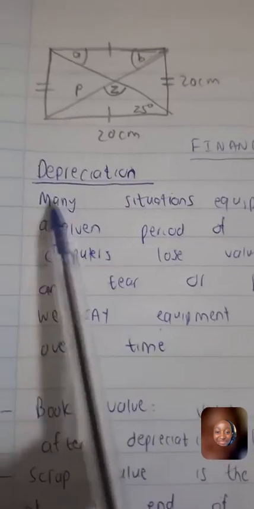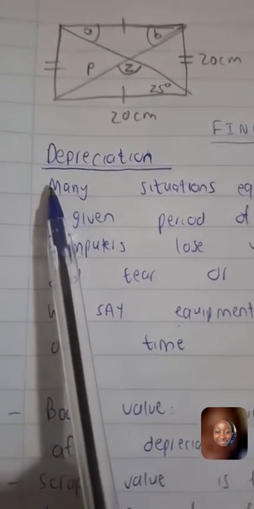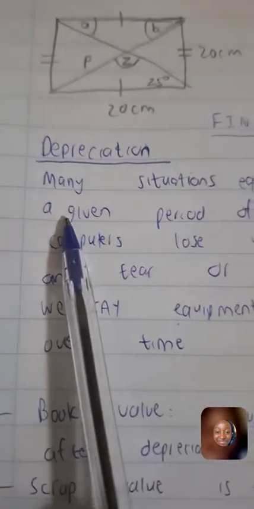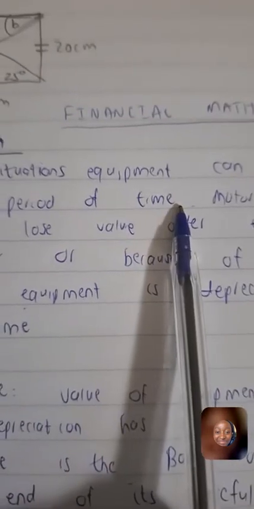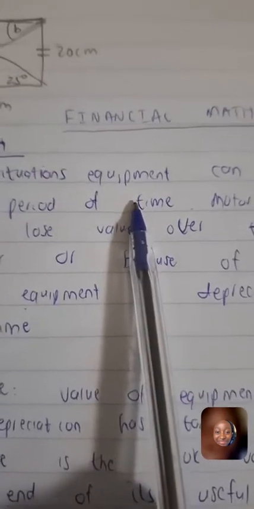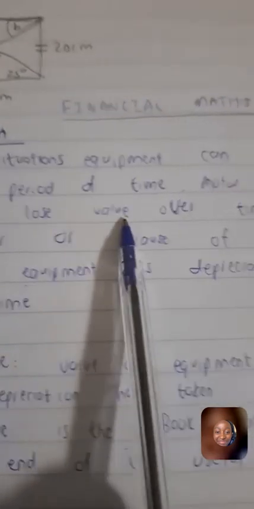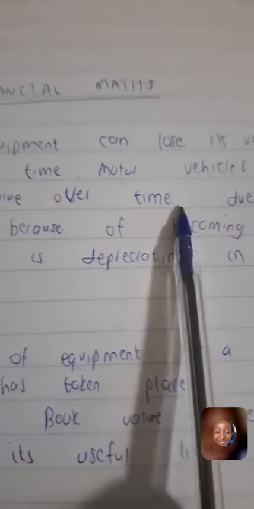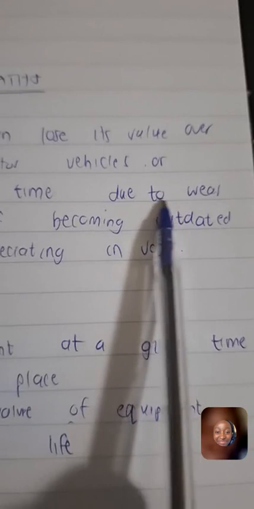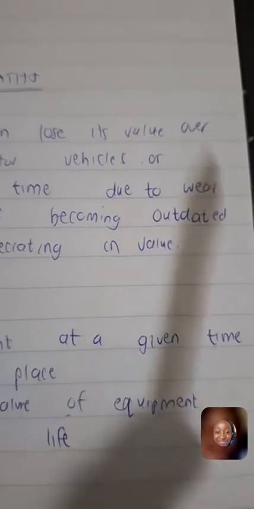So here's the thing. If you look at what I've just written, it says that in many situations, equipment can lose its value over a given period of time. Motor vehicles or computers lose their value over time, and that is because of this concept of wear and tear.